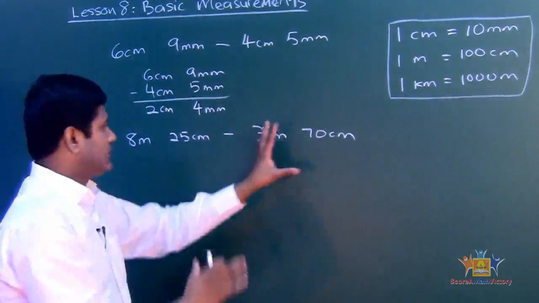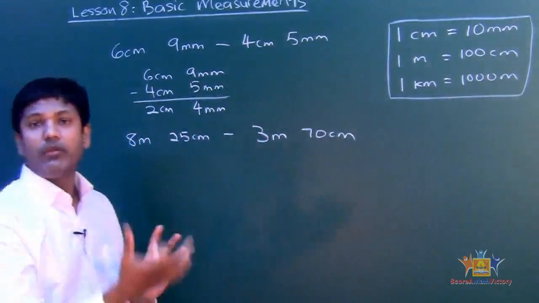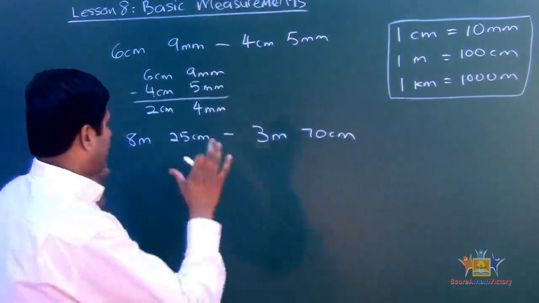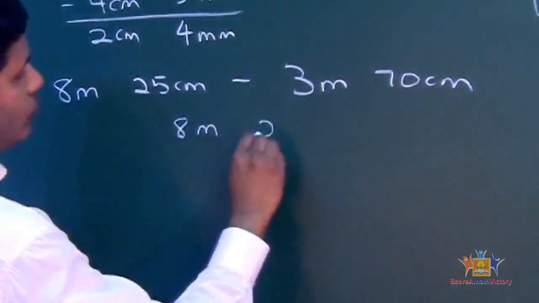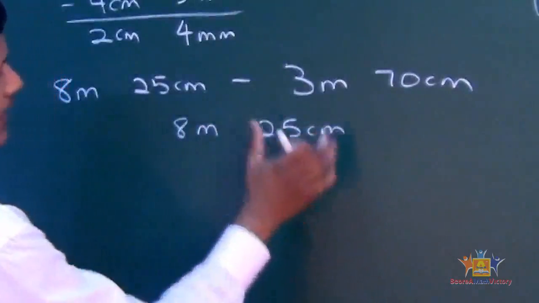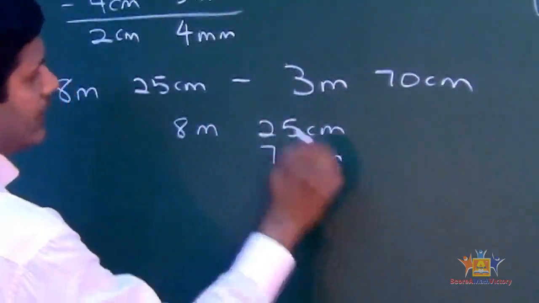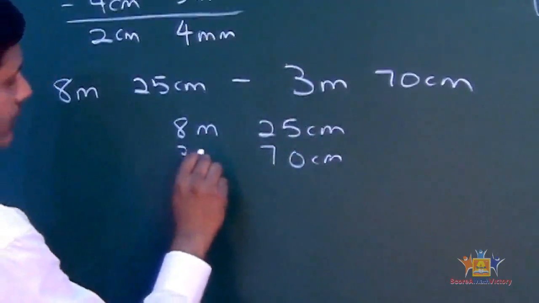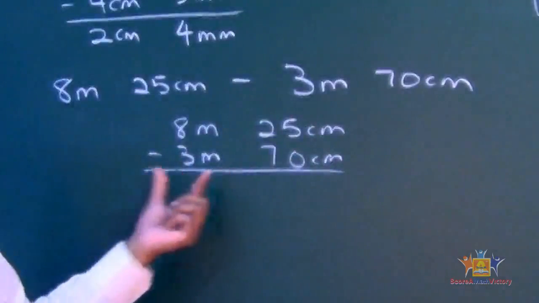You cannot start with this and that. With addition, you can start with whichever you want, but with subtraction, you gotta start with this one. So you take 8 meters and 25 centimeters, and then line them up. So you put the 70 centimeters right here, and the 3 meters right here.